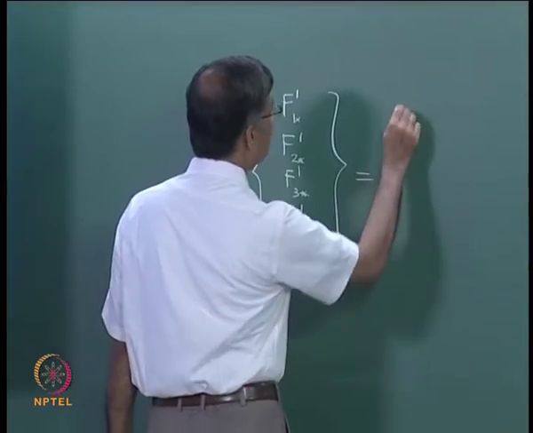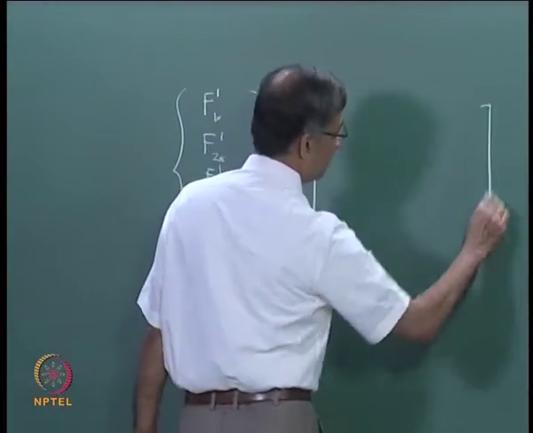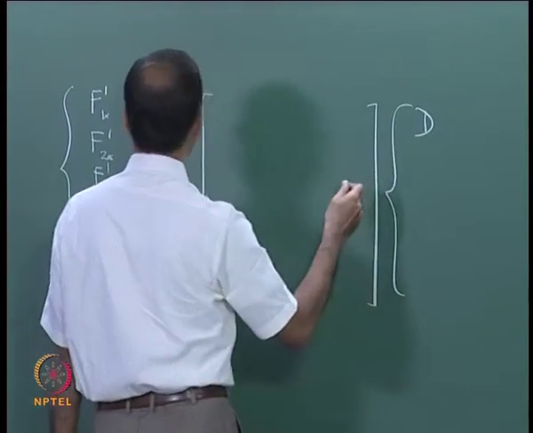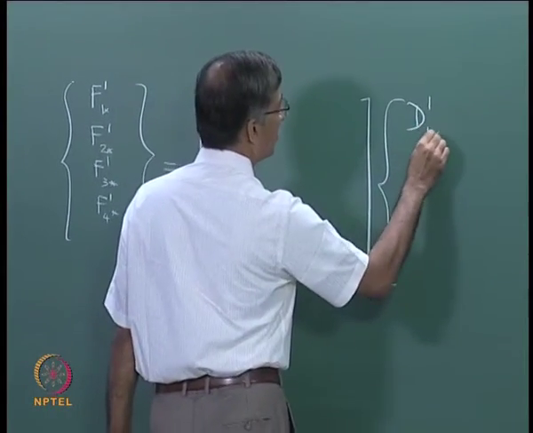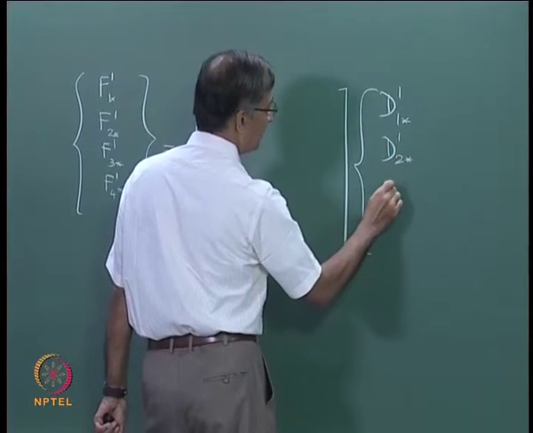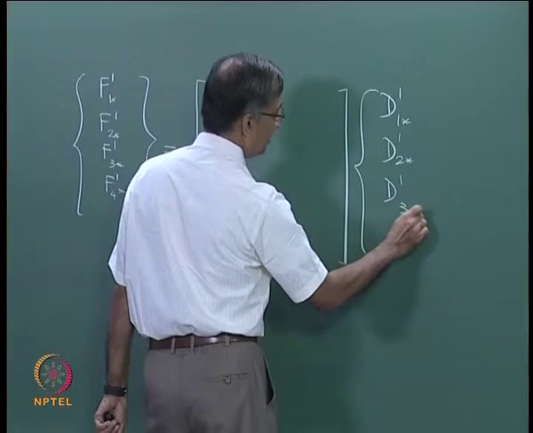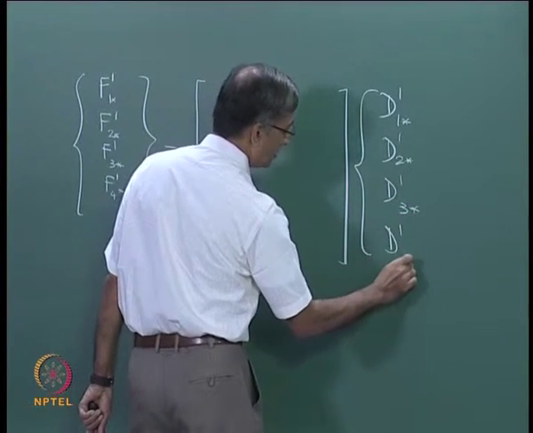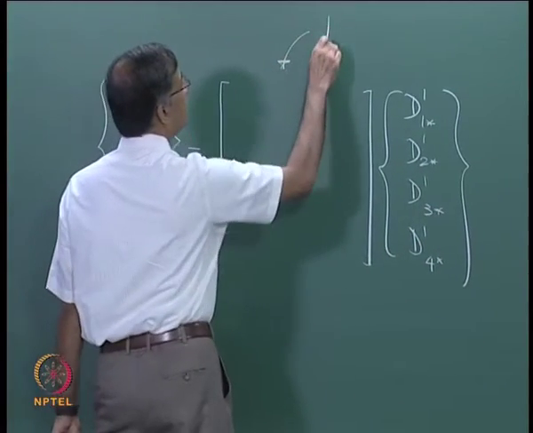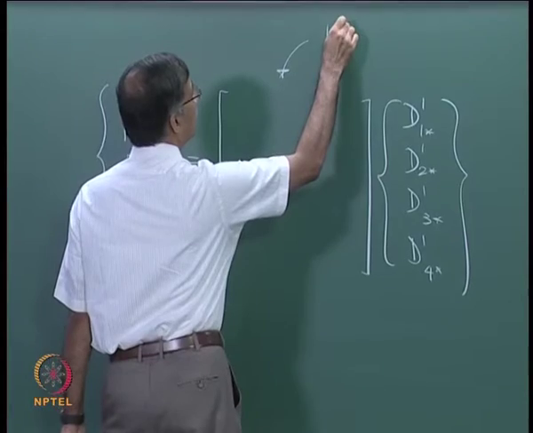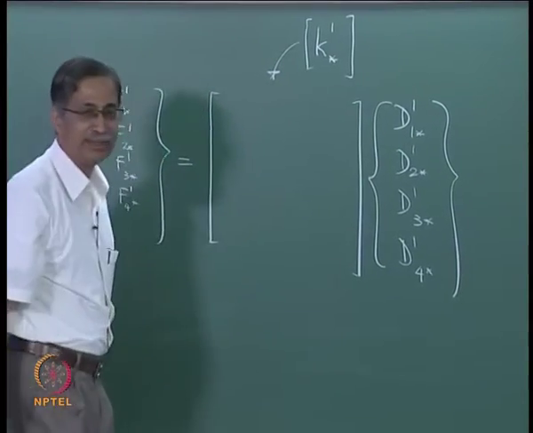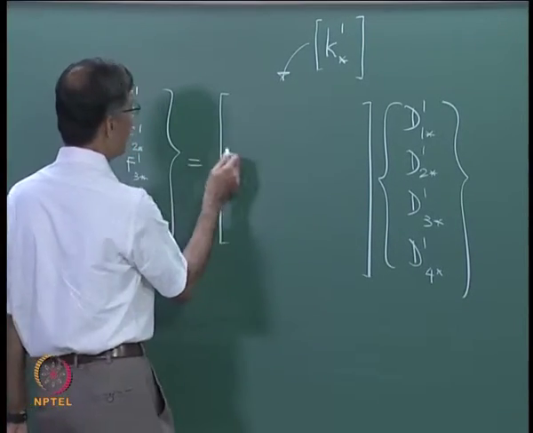This is related to D1 1 star, D1 2 star, D1 3 star, D1 4 star through a relationship which we are going to refer to as K1 star, right.